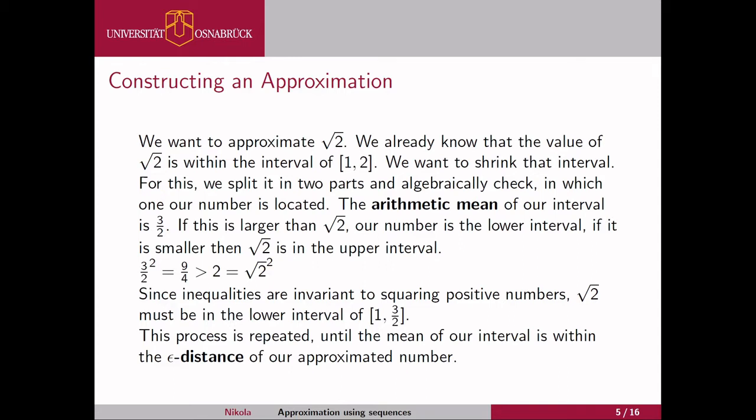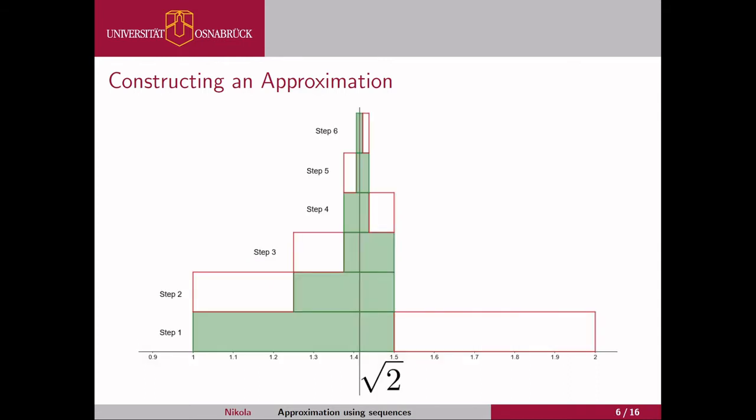You repeat this over and over until you get to an accuracy which satisfies you. Here I created a little chart which visualizes the next steps. You start with an interval of length 1, and you iteratively discard the half of the interval which does not entail the number you're looking for.